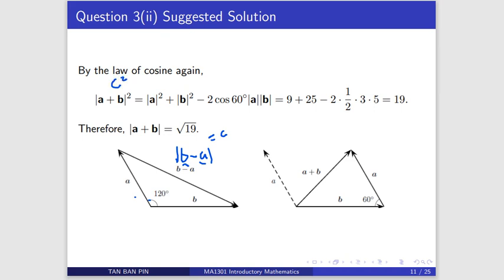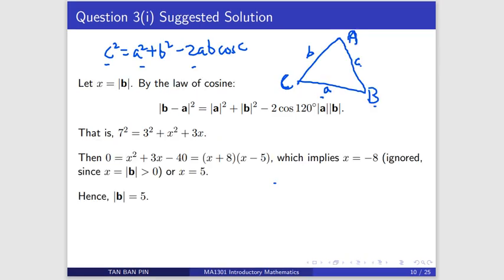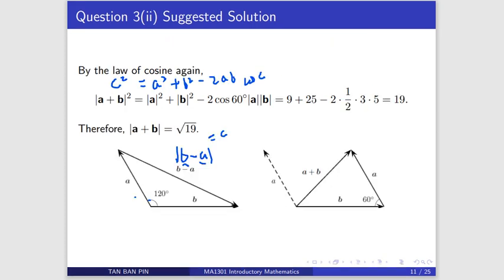So c squared is a squared plus b squared minus 2ab cosine C. If you look back at the one we have here, it is the same thing: the magnitude of A plus B squared is your c squared.